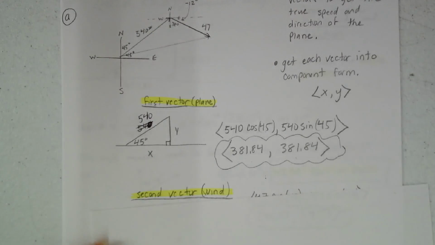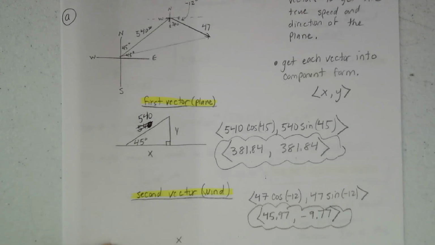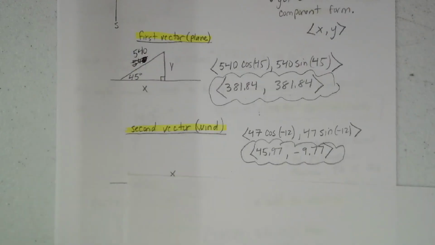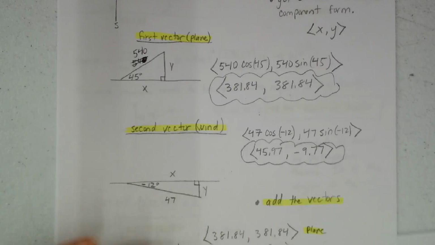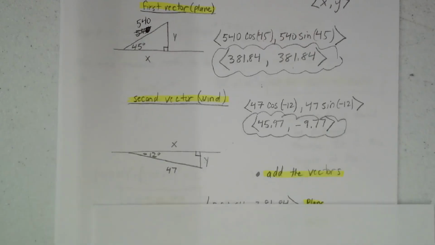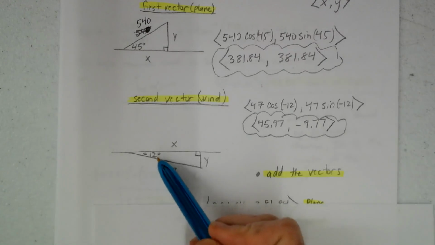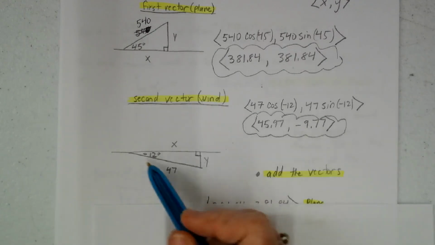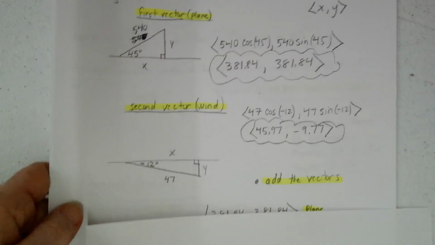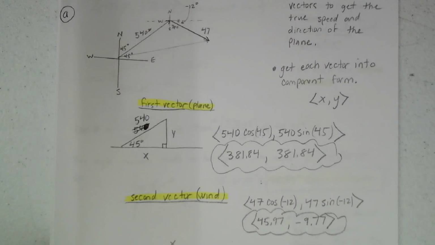If I can get the other vector, the wind vector, into component form, I can simply add the x's to the x's and the y's to the y's. So for the wind vector, I just drew it. Remember how it was going down by 12? And its hypotenuse was 47. Here's the original picture of it.